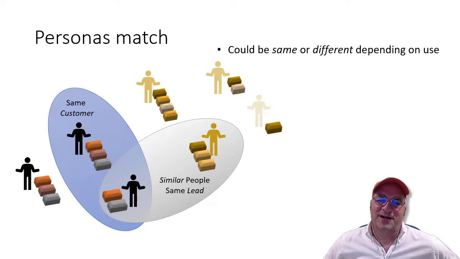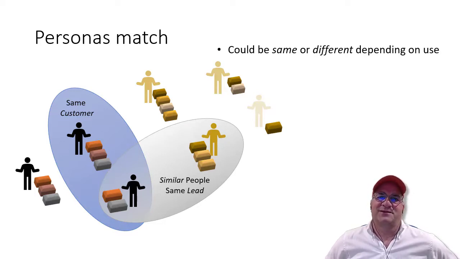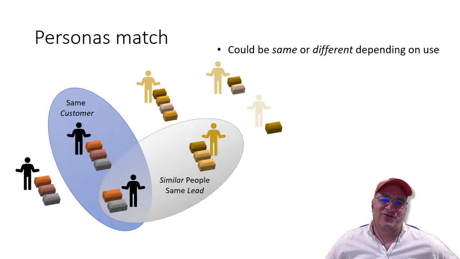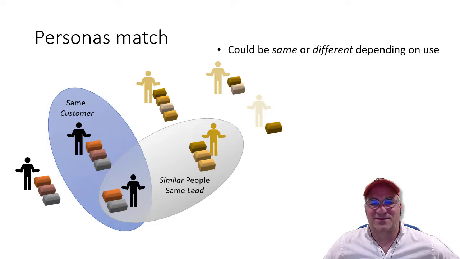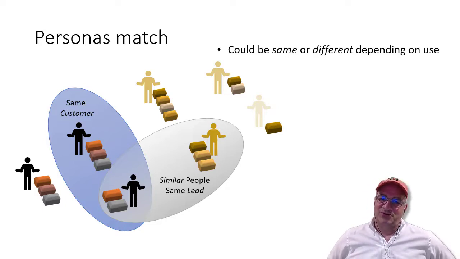But the two across the bottom, right? The customer and a prospect, they may be really similar. Like we get enough information that we're pretty sure they're the same person, right? But it may not be a legal version. So when we do this persona match, we have to decide which match level we're going for. Are we trying to say that they are exactly the same person and that if we had our choice, we would treat them as one?